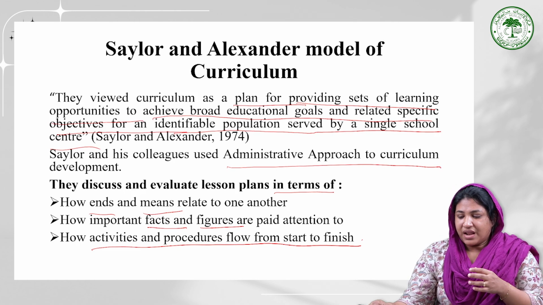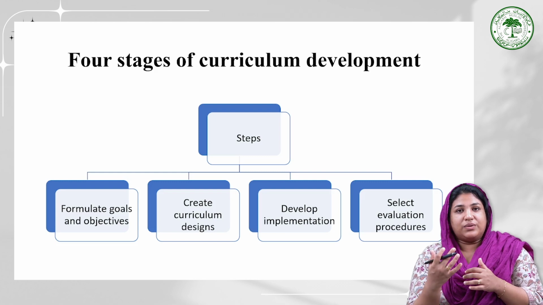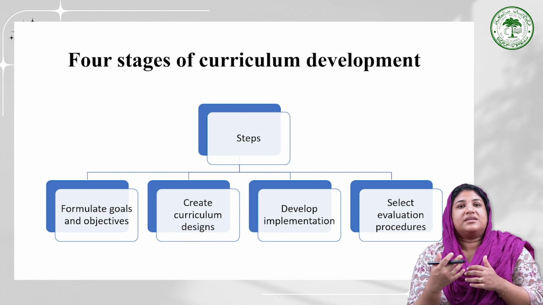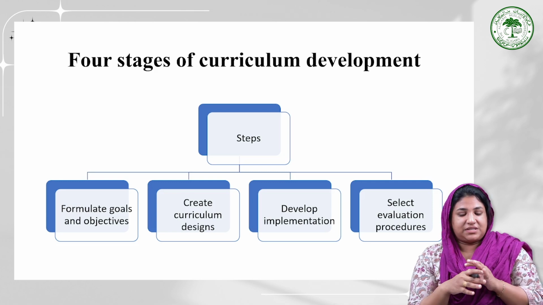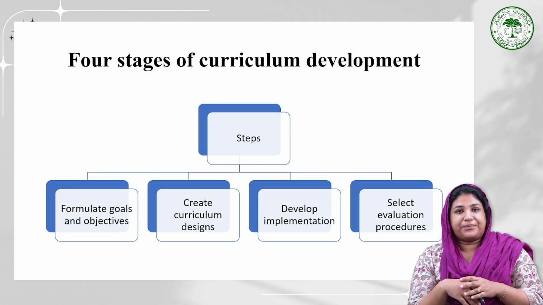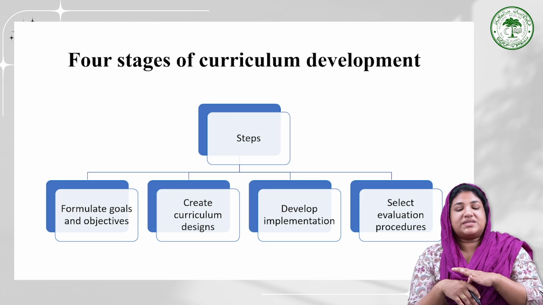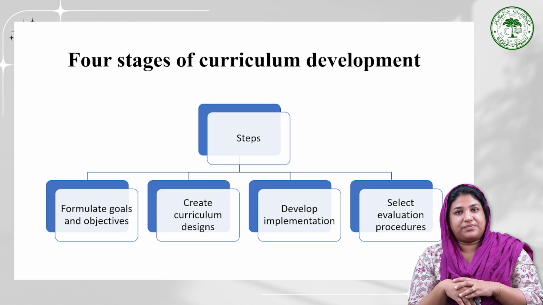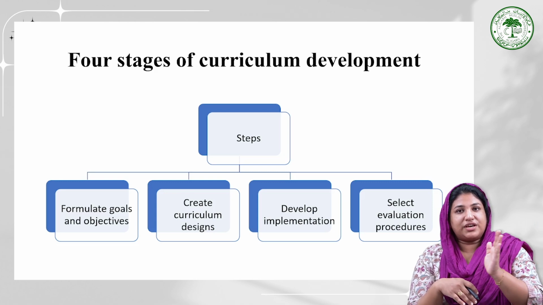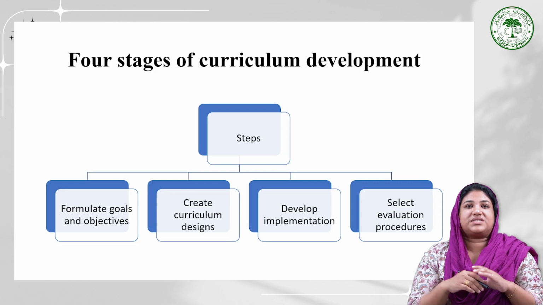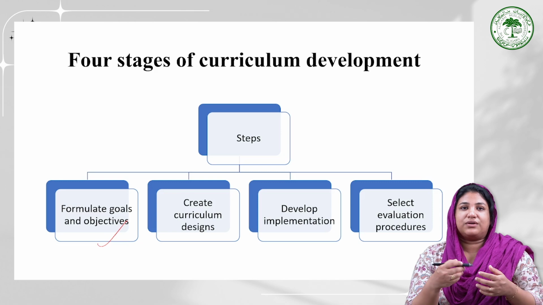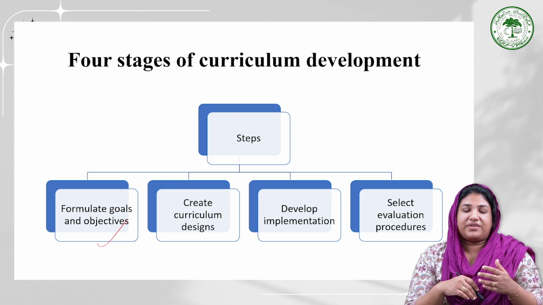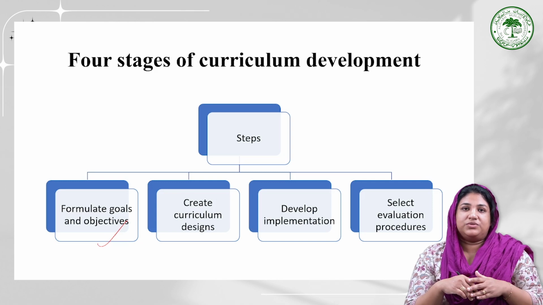And when we move on to the curriculum developed by Saylor and Alexander, they have used 4 steps, which you could see in the slide. It is 4 stages of curriculum development, and there is a logical flow of all these 4 steps. The first one is formulating the goals and objectives.